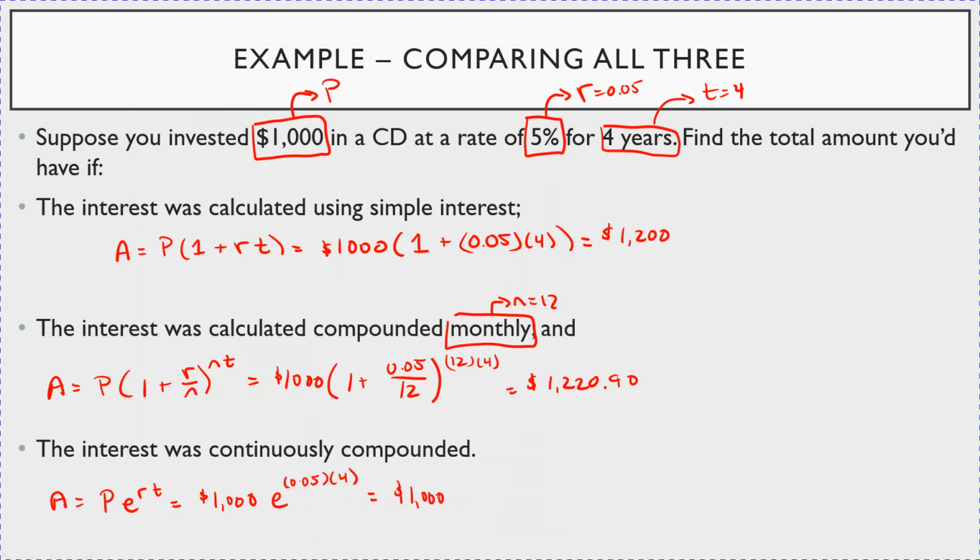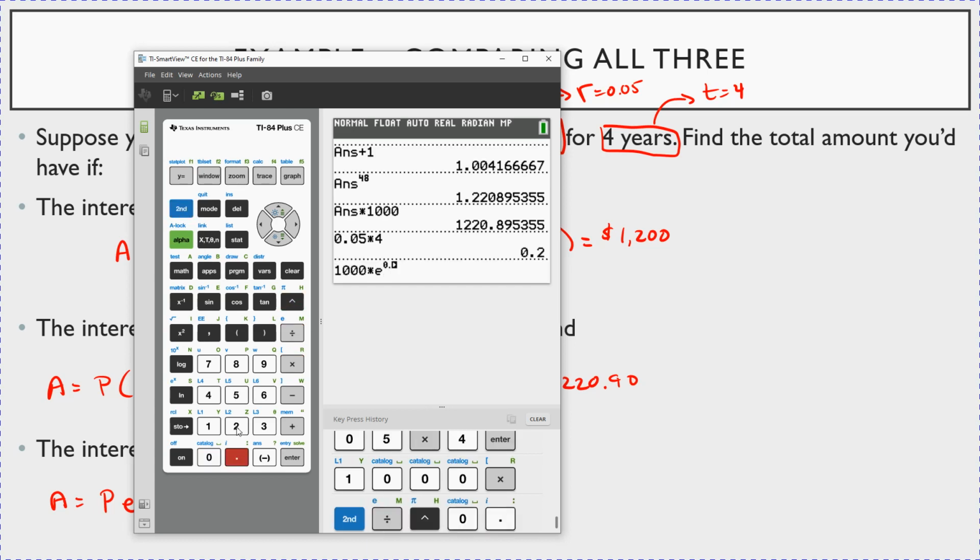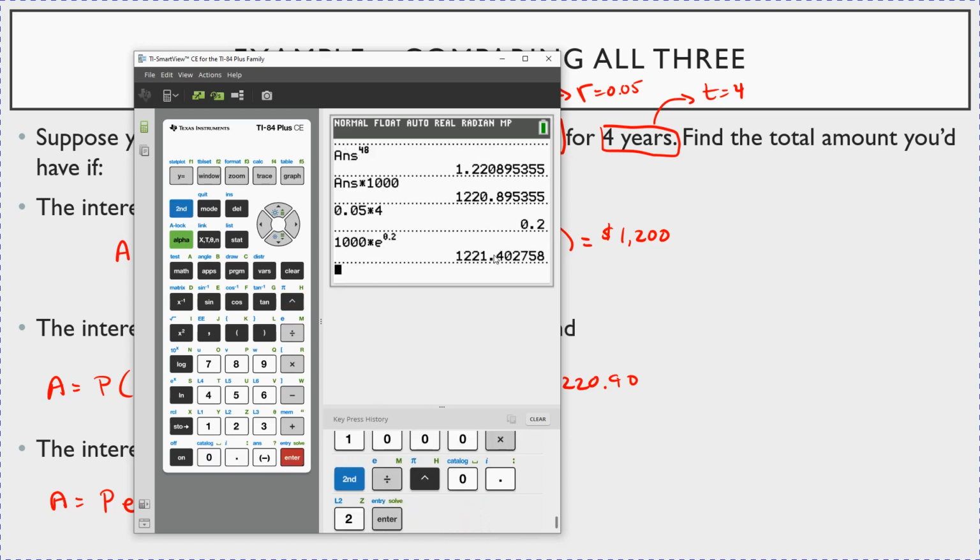So this is 1,000 times e to the 0.2. Let's see what we get. Look, you got an extra little bit more. So compounded continuously, it's even more money. It's $1,221.40.